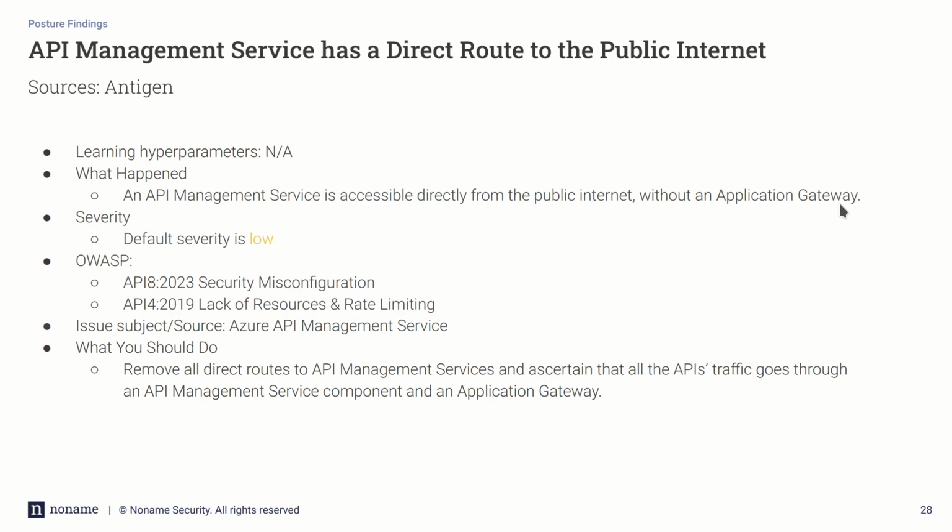One was for Amazon, this one is for Azure specifically. Remove all direct routes, and make sure that you have an application gateway to front access to your API Management Service. Same exact thing, different types of technologies that require different types of detection capabilities, implementations.